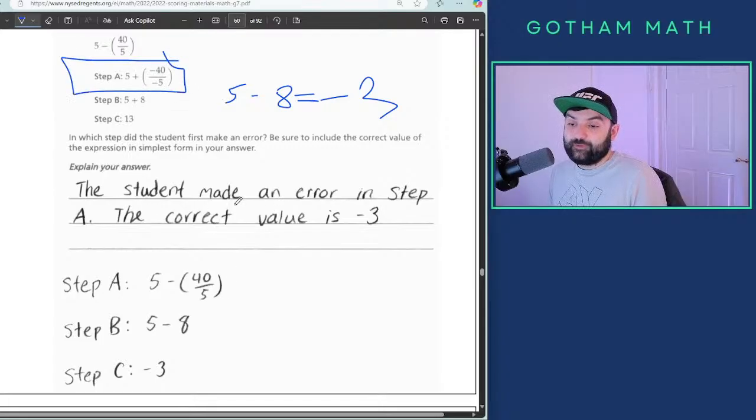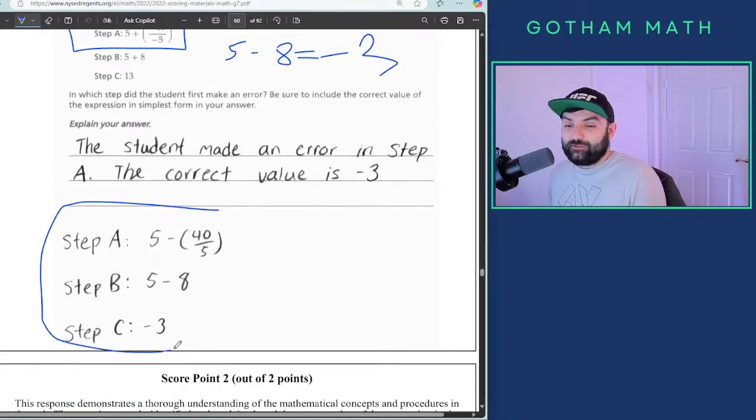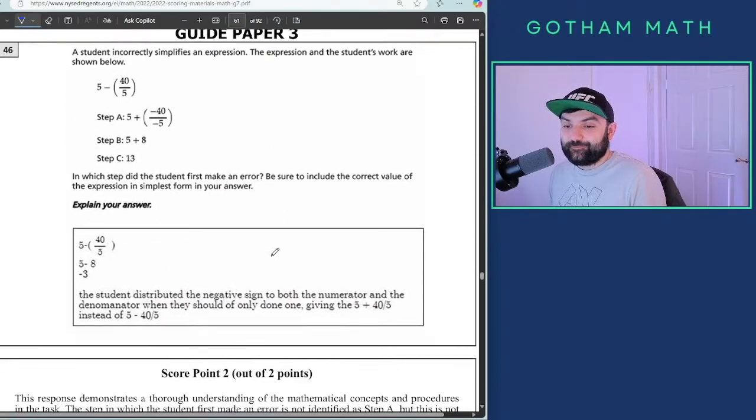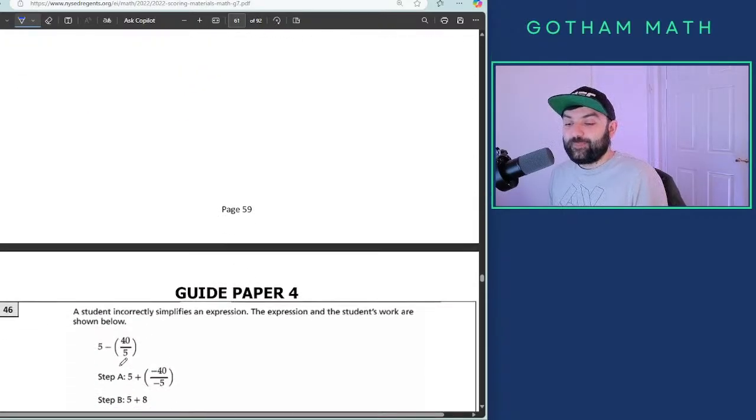Yeah. So I guess. The student distributed a negative sign to both numerator and denominator when they should have done just the numerator. I like everything about this explanation except that one. All right.